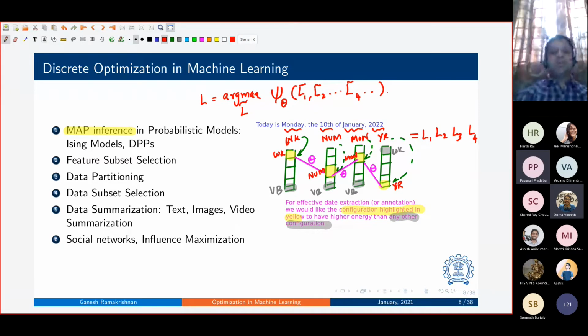So this is a discrete optimization problem. Now it turns out that such a discrete optimization problem under certain structure can be solved efficiently. Otherwise, it's a very large search space. For those of you who have done a basic ML course, you've probably seen hidden Markov models, which are basically chain models. Now there could be tree models.